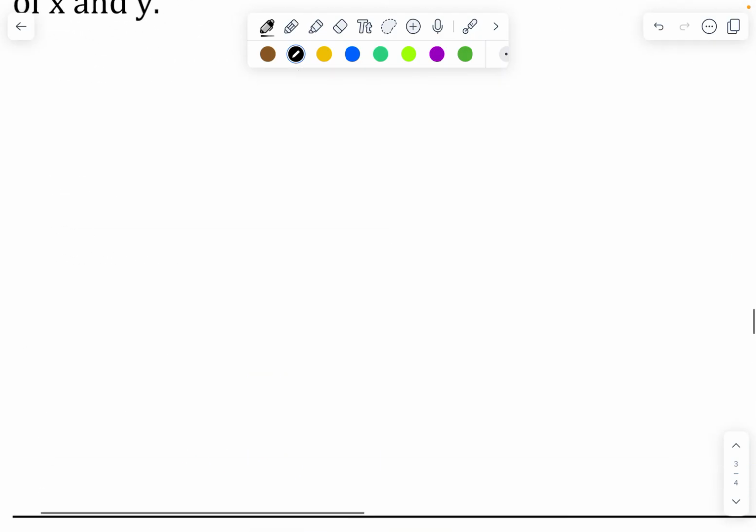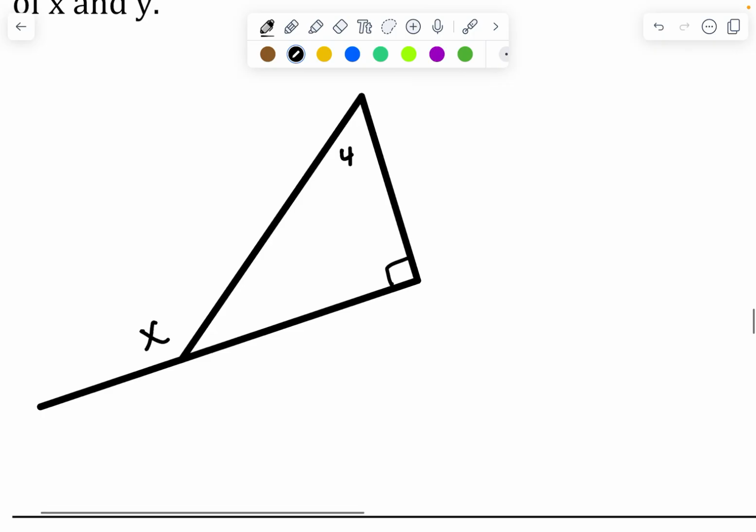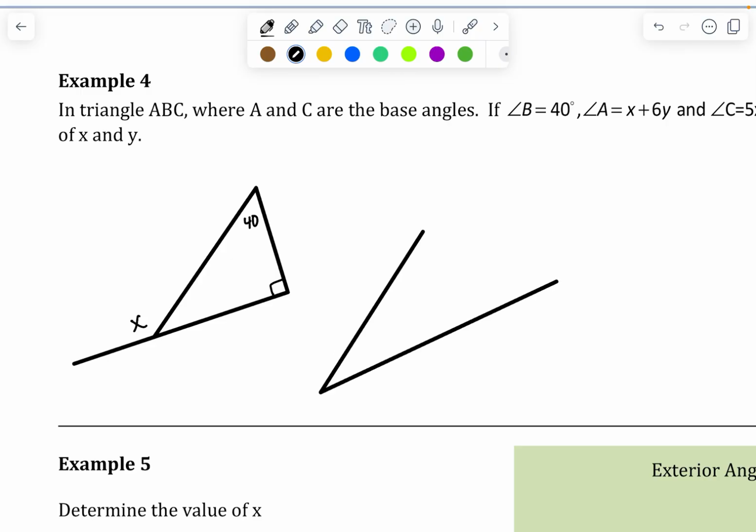Okay, so the exterior angle theorem is this. I'm going to give you a couple triangles and I want you to take a second and find out what I'm marking as x. So say that that's 90 and that's 40. And if this is 30 and this is 70, what's x?